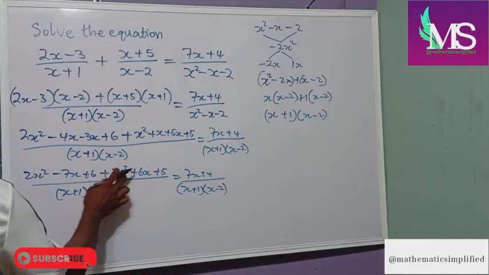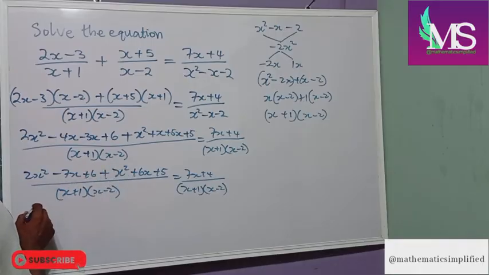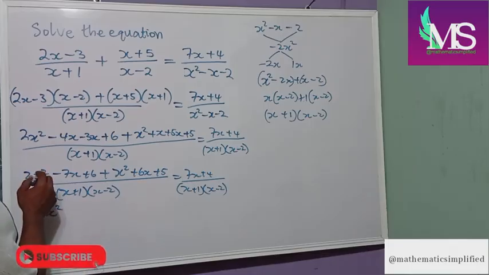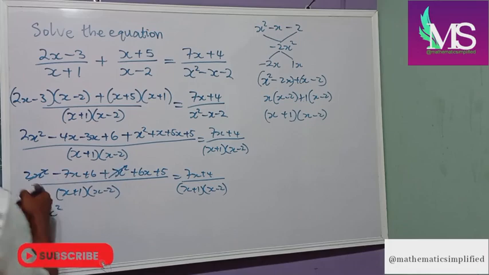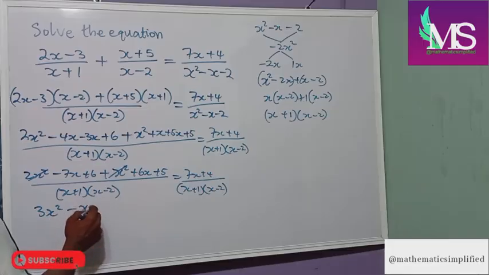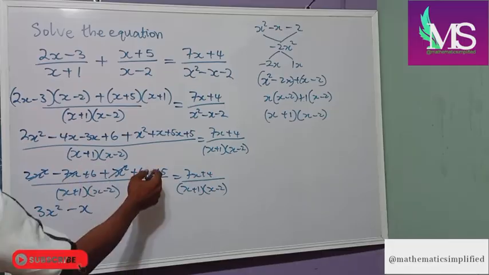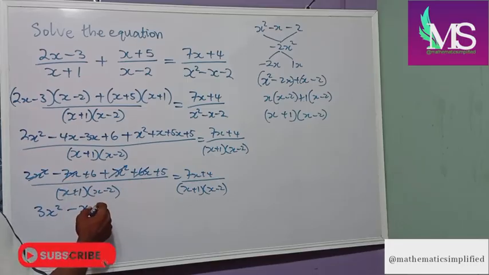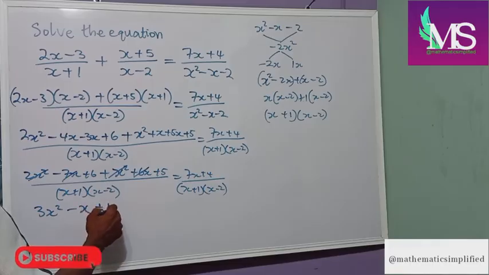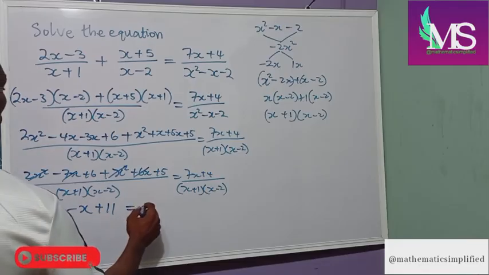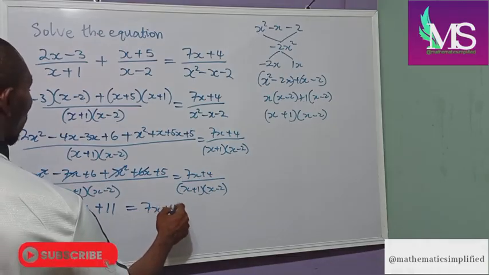Collecting like terms here, 2x squared plus x squared will give us 3x squared. Minus 7x plus 6x will give us minus x. And 6 plus 5 will give us plus 11, equals 7x plus 4.